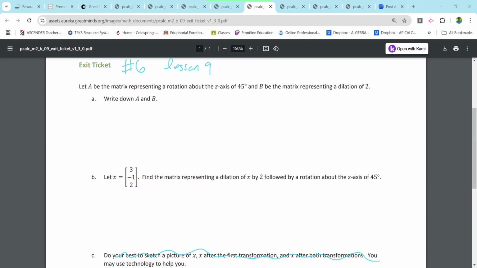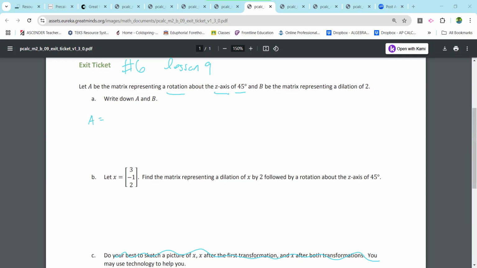All right. So here we go. In this exit ticket, it says, let A be the matrix representing a rotation about the z-axis of 45 degrees. So if you take lesson 12, all those 14 different things that we looked at, use that to be able to perform an actual matrix. So let's do that first.